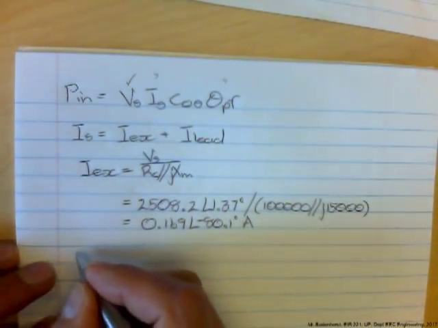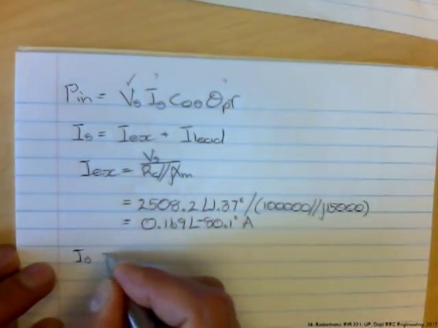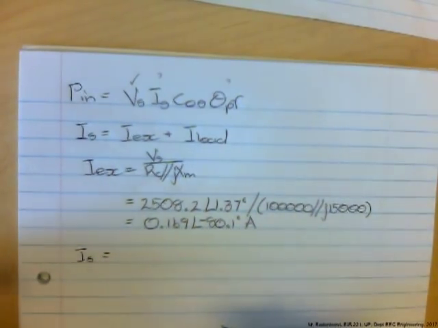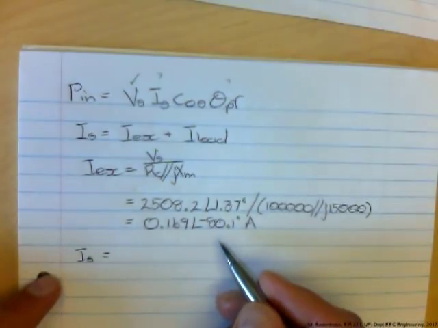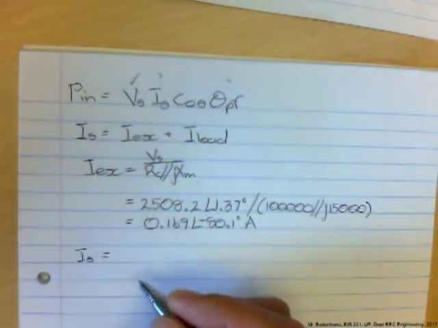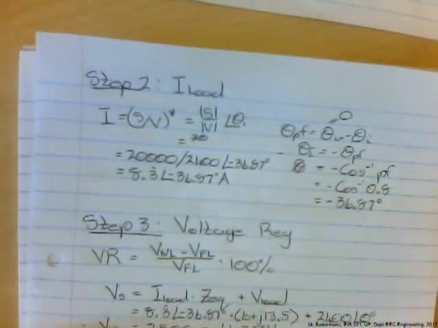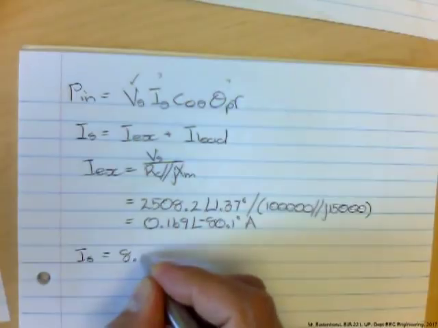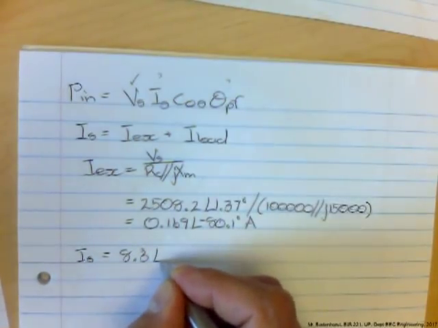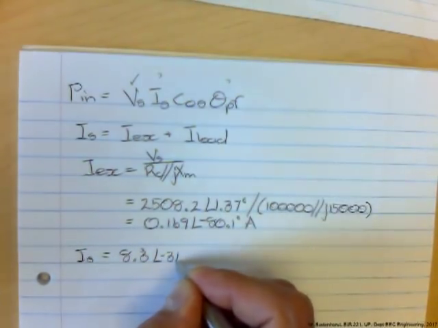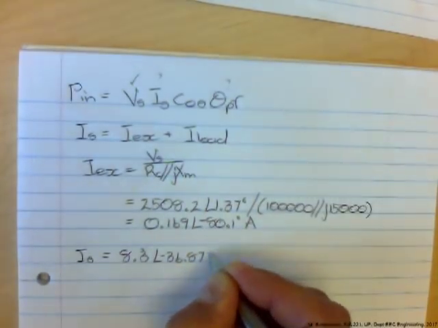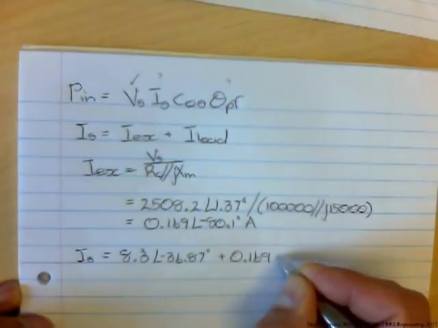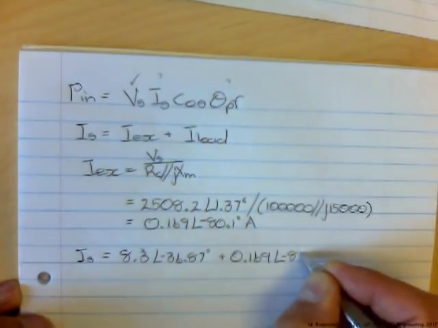Right, so now we can calculate Is as the load current plus the excitation leg. So the load current, we calculated right there at the beginning, is the 8.3333. So it's the 8.3 angle minus 36.87 degrees plus 0.169 angle minus 80.1 degrees.